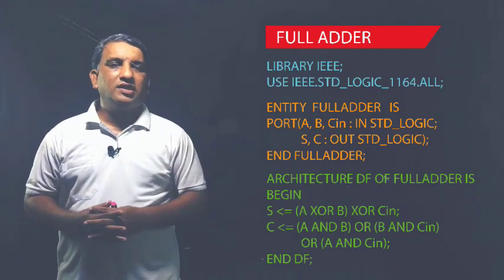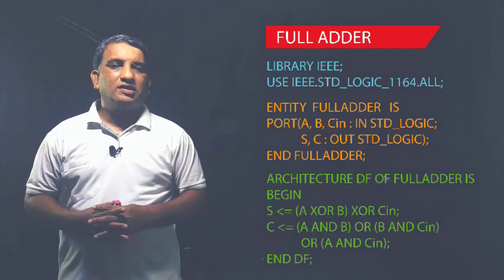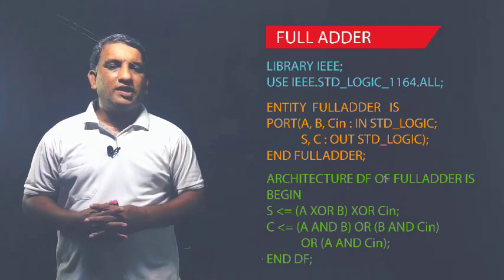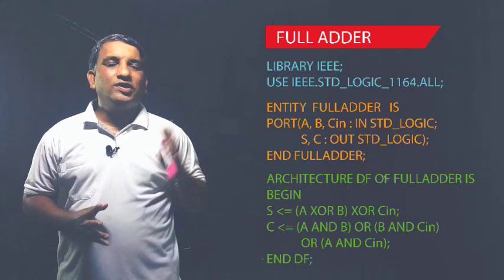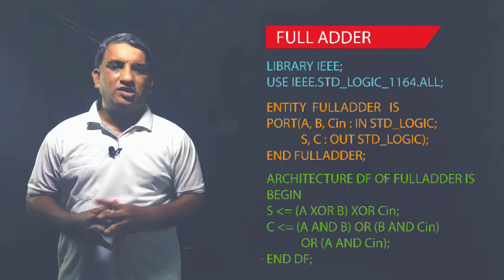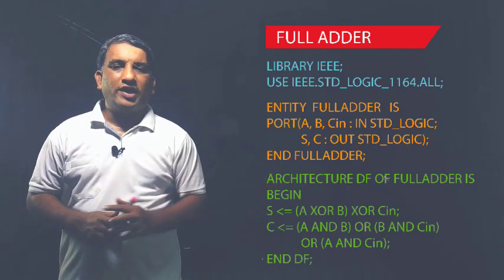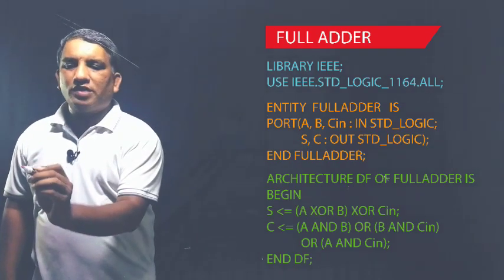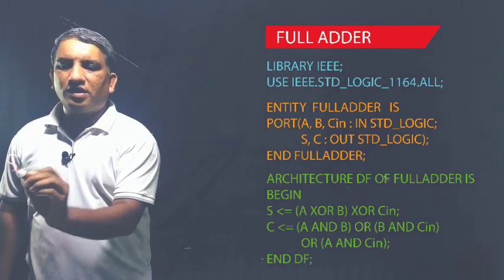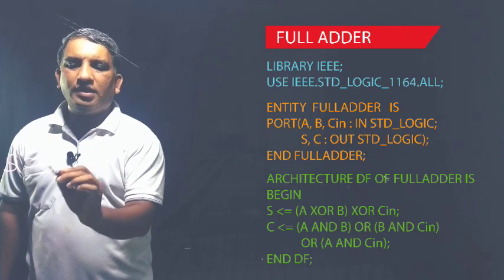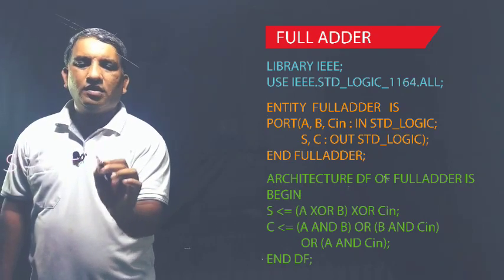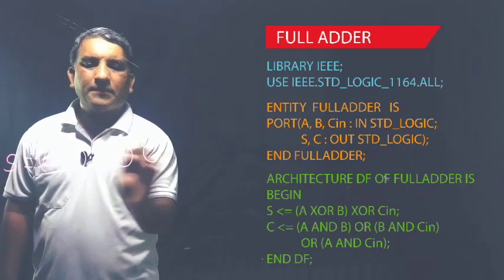Then is is the keyword. Then after that I will start the body of the architecture, because here also we do not have any extra declaration. If you see the output equations for this full adder, S is equals to A XOR B XOR C in.